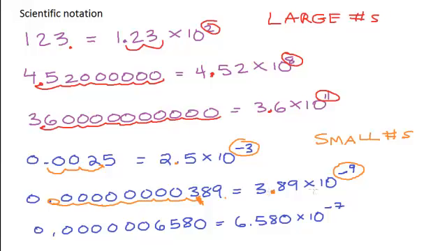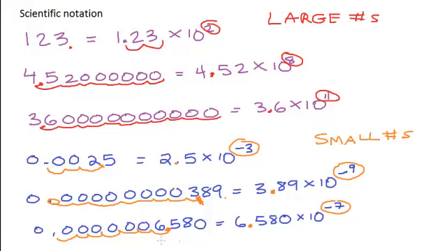So this is 3.89 times 10 to the -9th. Here the decimal is moved 7 places, again from here either direction. 1, 2, 3, 4, 5, 6, 7. My decimal is right after the 6. The proper notation, recall, is a digit, then the decimal, then the rest of your digits.